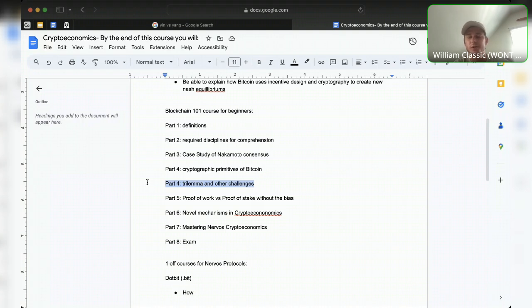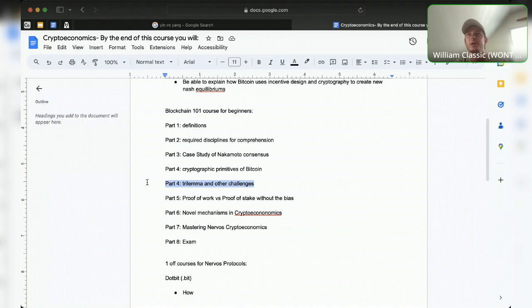We're just going to look at all of that objectively and go over the history of how the trilemma problem actually shaped the crypto industry as we see it today. It'll help people understand why we are where we are.